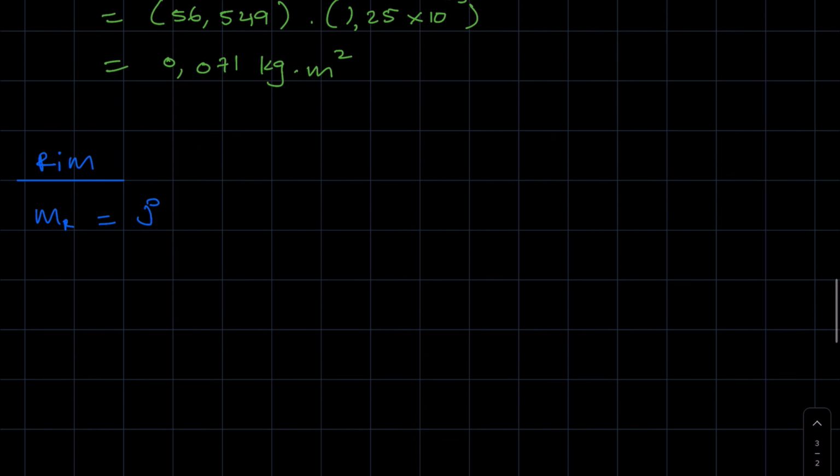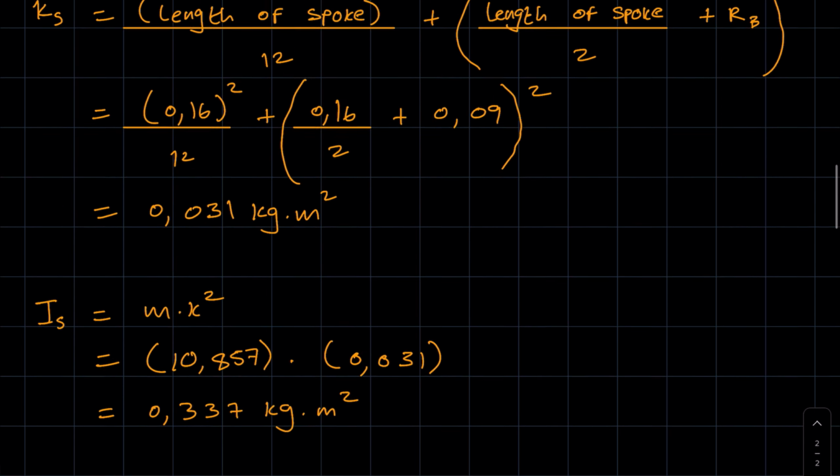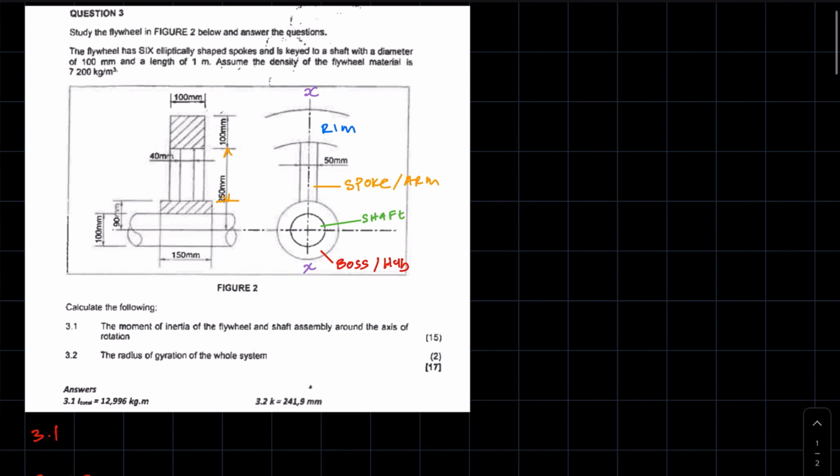Now as far as the area of the rim, we essentially look at the outside radius of the rim and subtract the inside radius of the rim to get the area. And as far as the length of the rim, we would get it from this view.